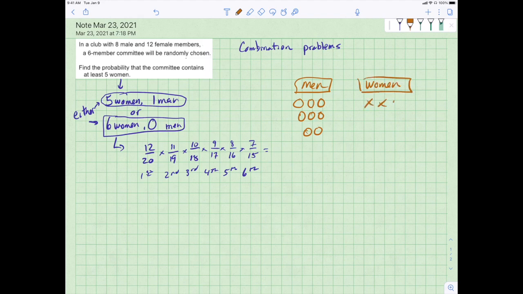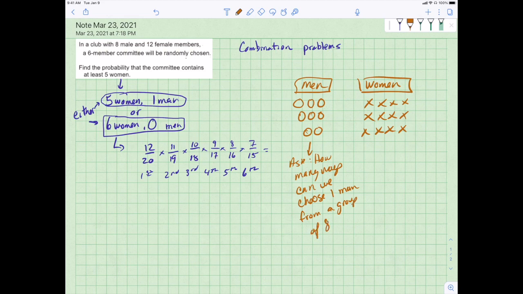And what we're going to do is ask how many ways can we choose 1 man from a group of 8, because we want to evaluate this case here.